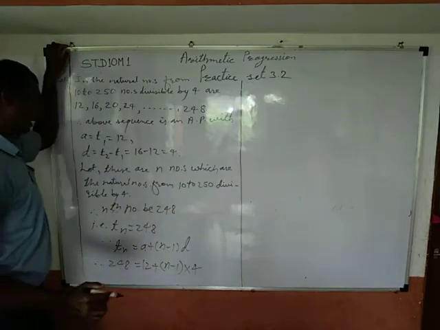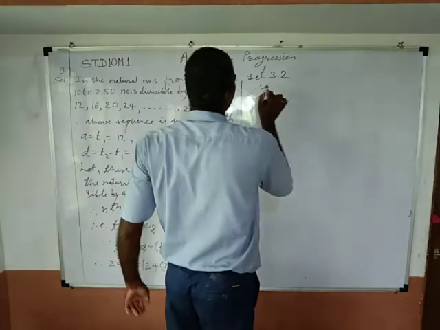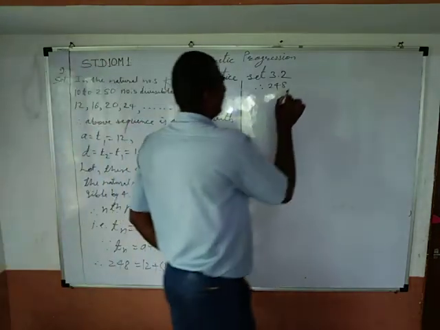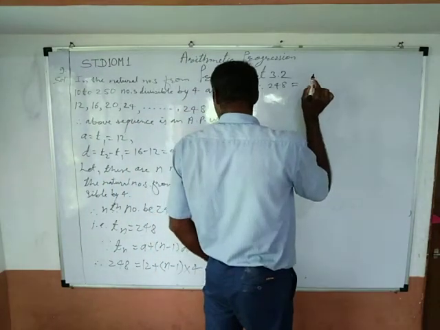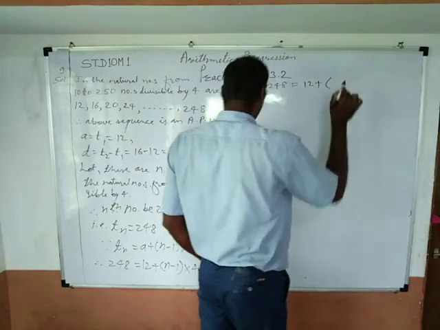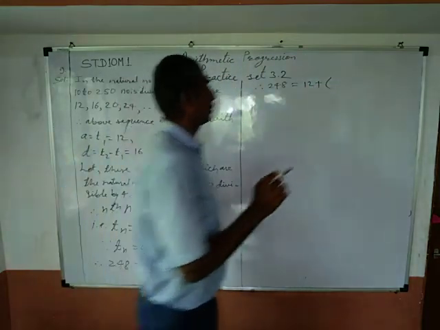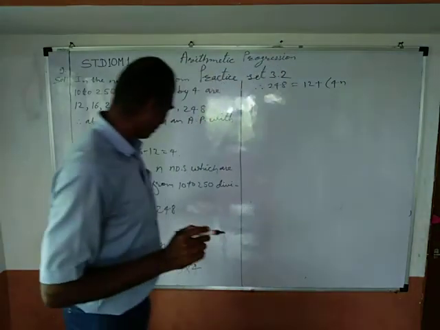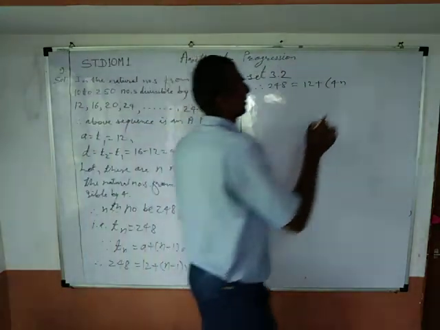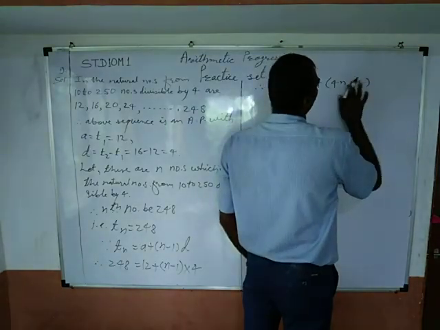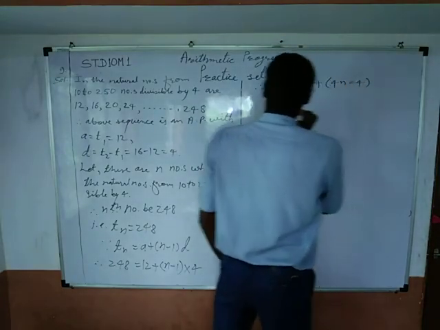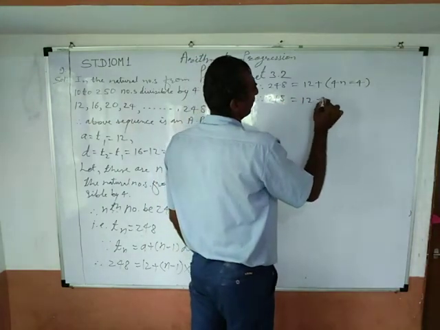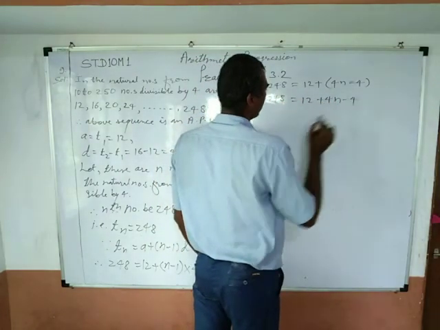Okay, and therefore 248 equals 12 plus, in bracket, n into 4 gives 4n, and 4 into minus 1 gives minus 4. Therefore 248 equals 12 plus 4n minus 4.